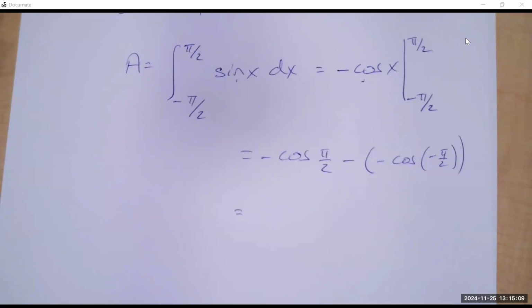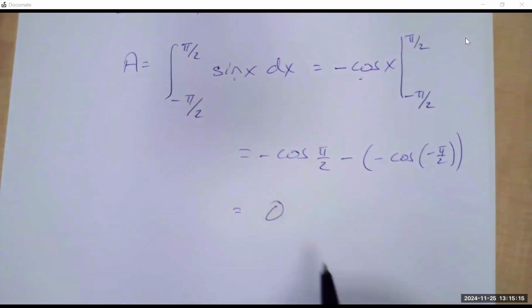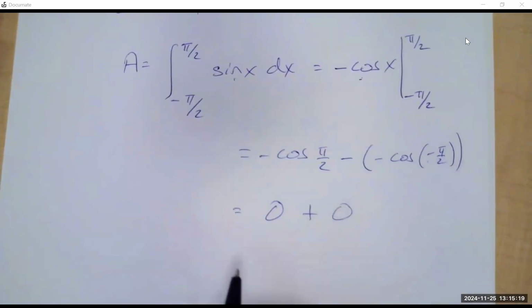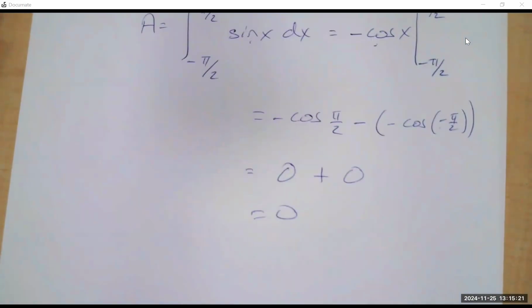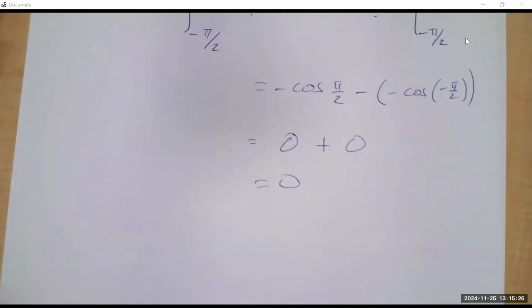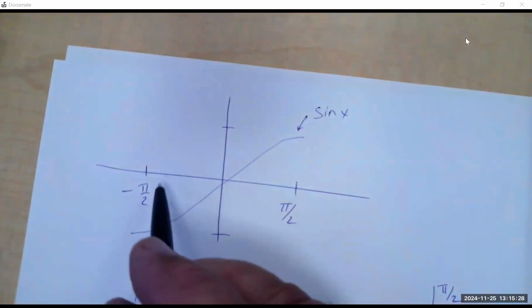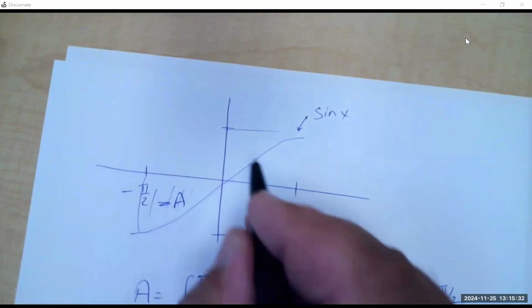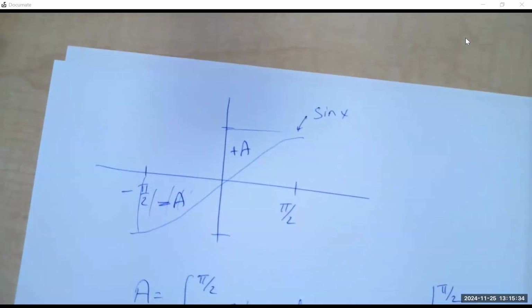What's the x value at pi over 2 on a unit circle? 0. And likewise the other, so it equals 0. The problem with this is that part of the graph is below the axis, that's negative area, and this is positive area. If I add these two together, they cancel each other out.